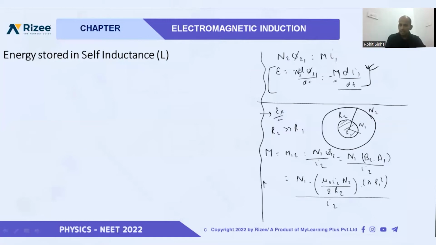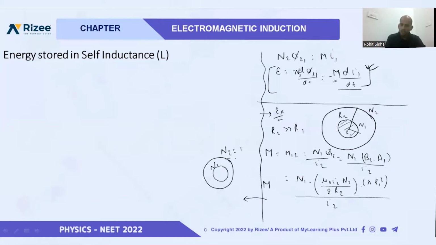Got it? This is the concept for two coils having N1 and N2 turns. If someone asks about a single coil and a second single coil, then N2 is 1 and N1 is 1.